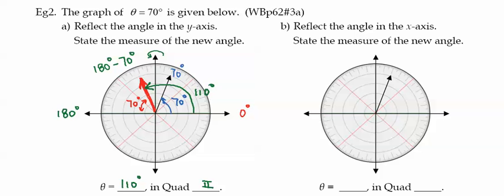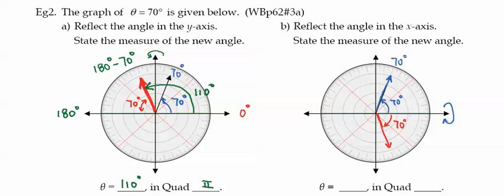Now, at the same time, if I want to reflect this angle here in the x-axis, this terminal arm will now go this way. Similar to the one in quadrant number 1, you are still going to see a reference angle of 70 degrees.